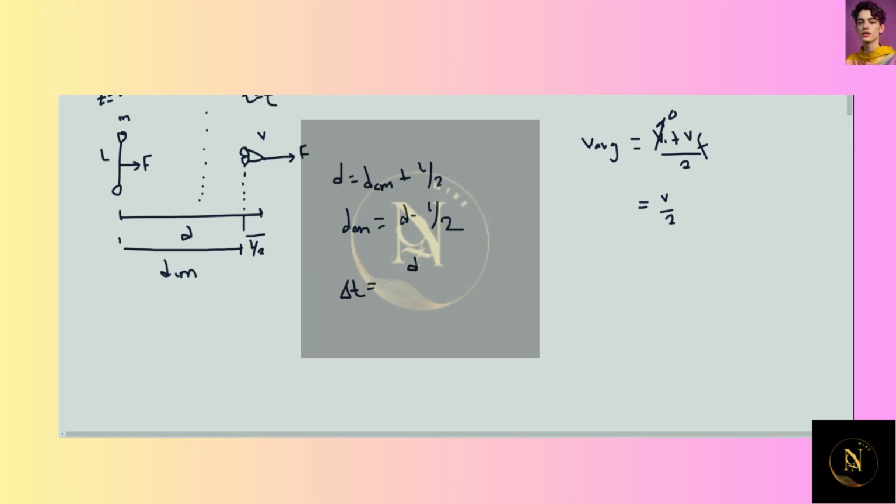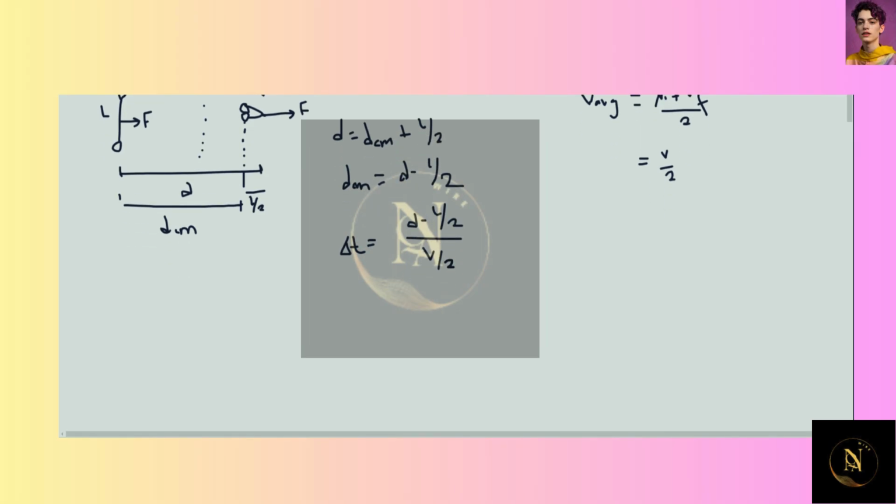So this is going to be d minus L over 2 divided by V over 2 in this case. And when you simplify this, you come up with an expression for delta t. But in this case, let's just leave it as it is here.